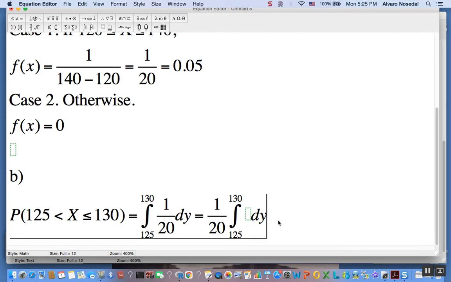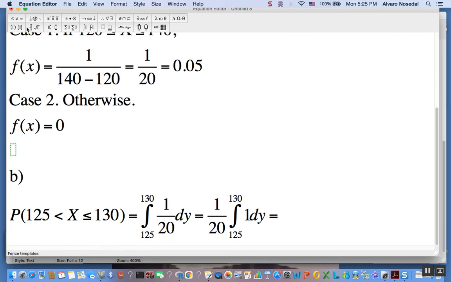Now the integral of dy is just y, evaluated at 130 minus 125. So let's write that down.